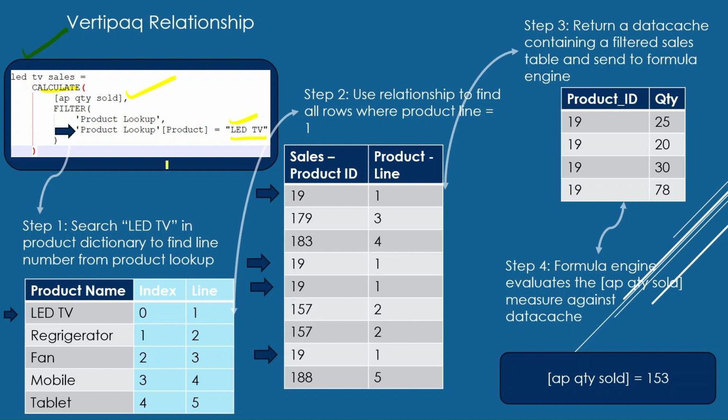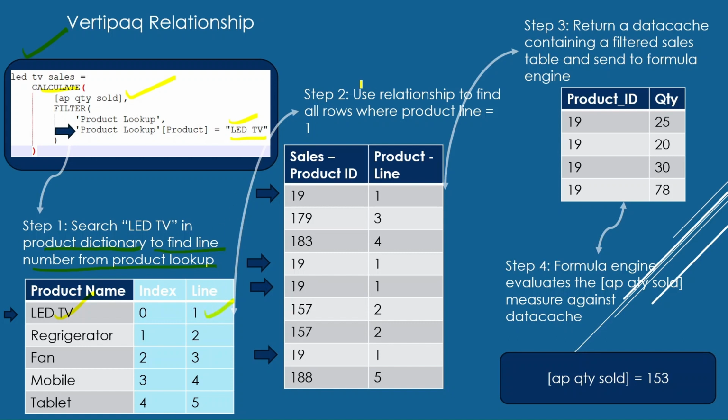First it will search the LED TV in the product dictionary. One dictionary table gets created because we have used the hash encoding to store this product lookup data, and it is also called a dictionary. That's why first it will find out the line number of the product lookup. This is the LED TV. What is the line number? The line number is 1. This is the first step.